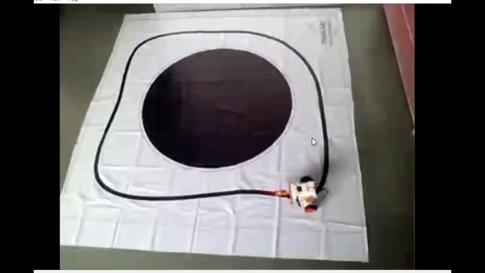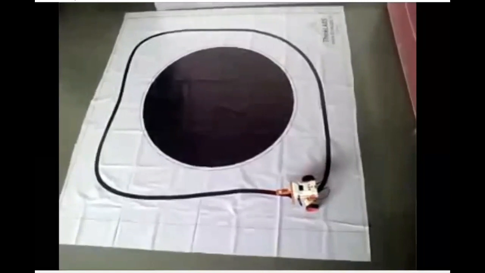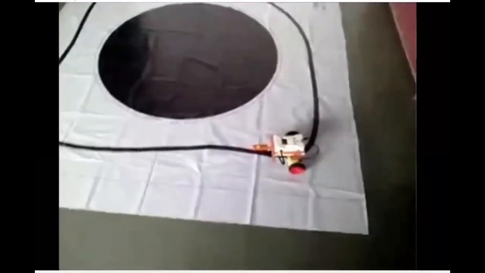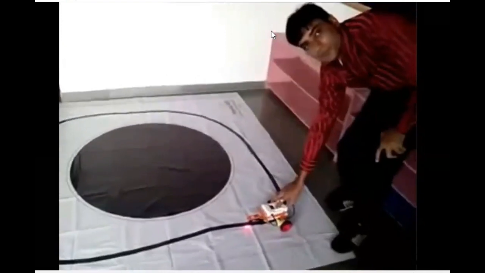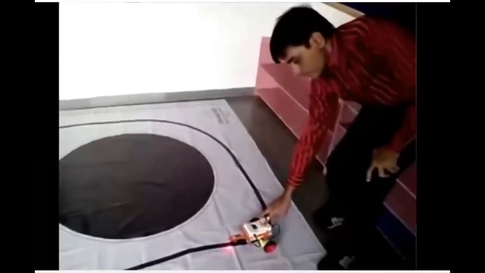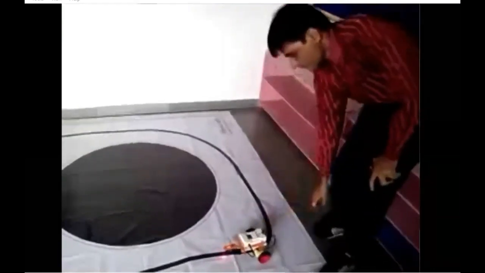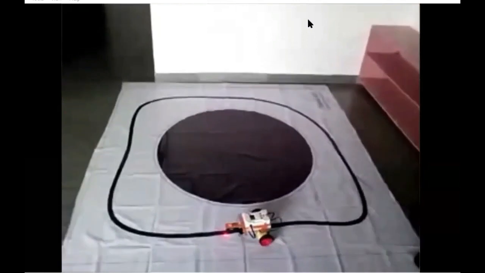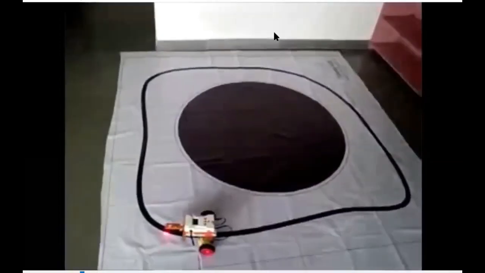So it will follow this black path. That is turning that on. Now see, it is following the black path.